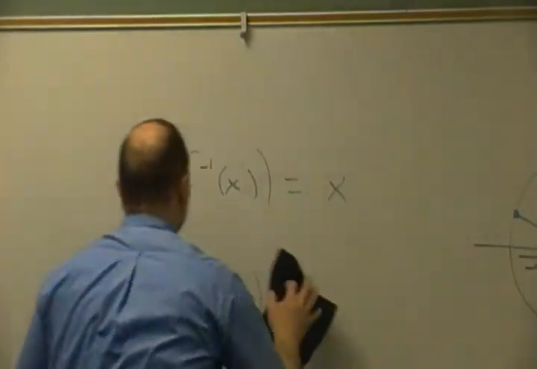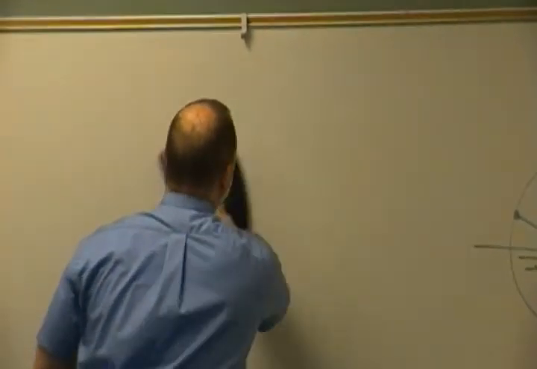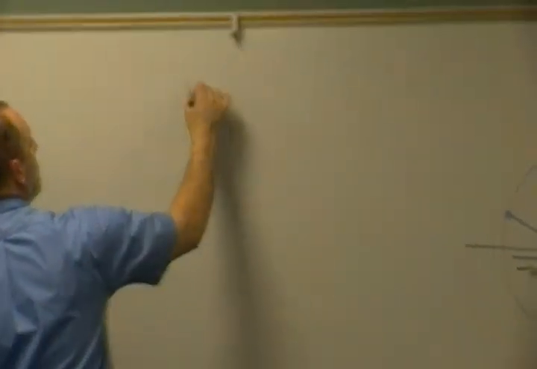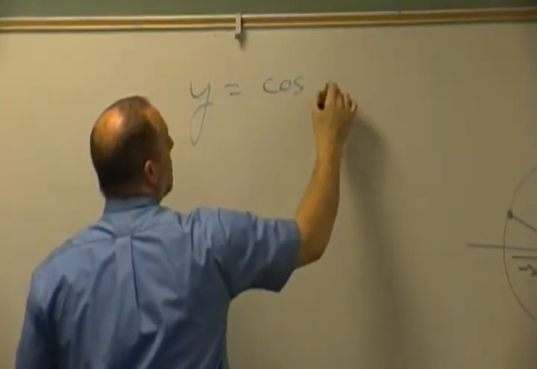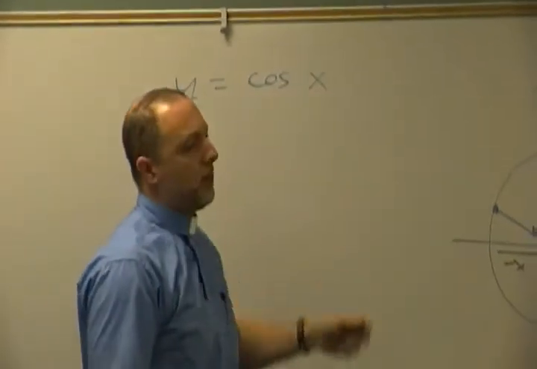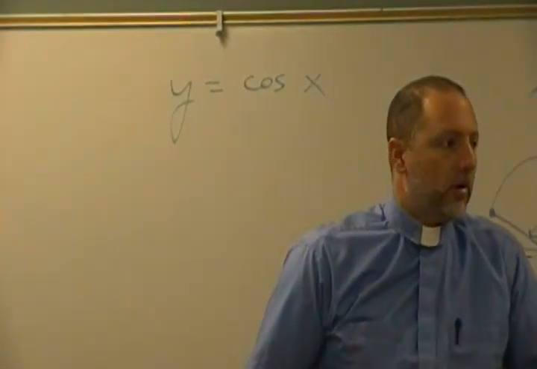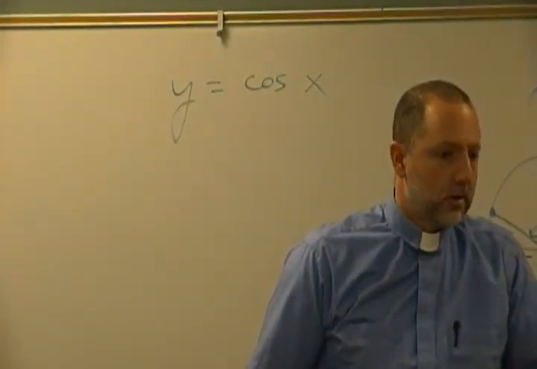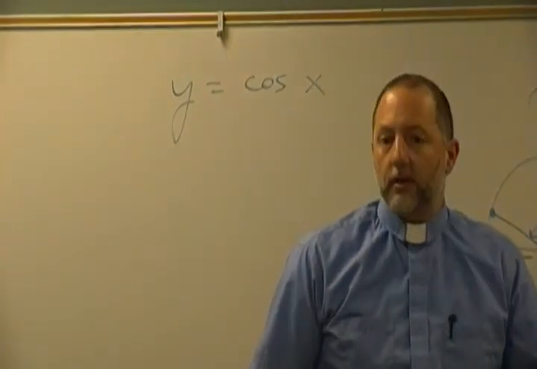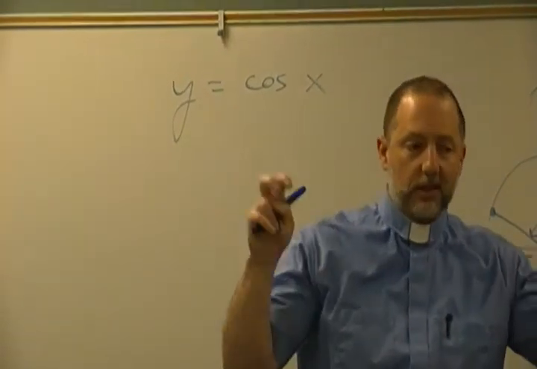So let's take a look at y equals cosine of x. If I needed to isolate that variable x, what would I do? I would apply the inverse function so that the functions would cancel out.